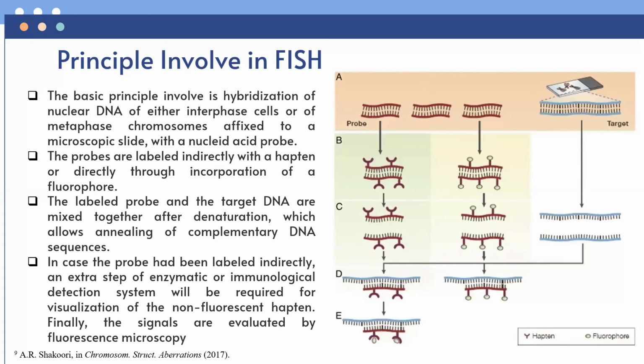In the C picture, the labeled probe and the target DNA are denatured to yield single-stranded DNA, and then they are combined, which allows the annealing of complementary DNA sequences.